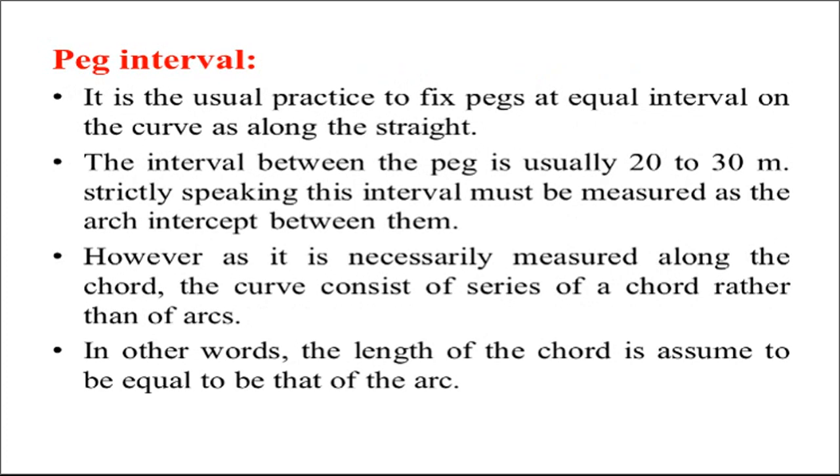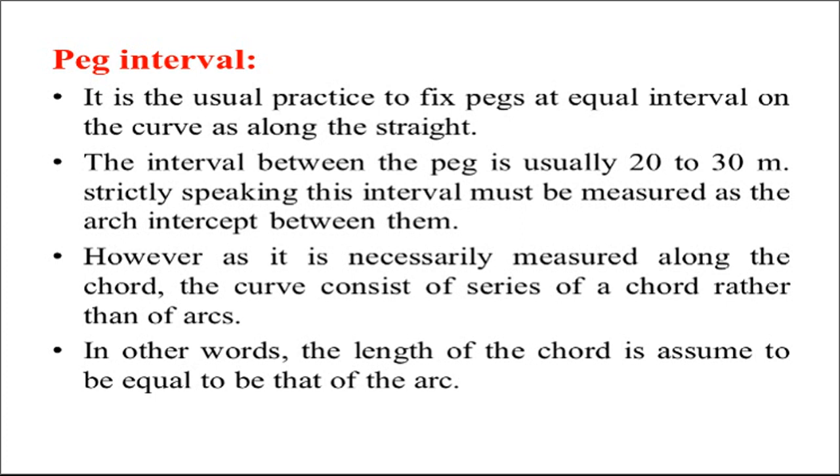Now, in setting out the curve, the peg interval plays a very important role, so we have to study in detail what is meant by peg interval. In usual practice, different pegs are fixed at equal intervals along the length of the curve.